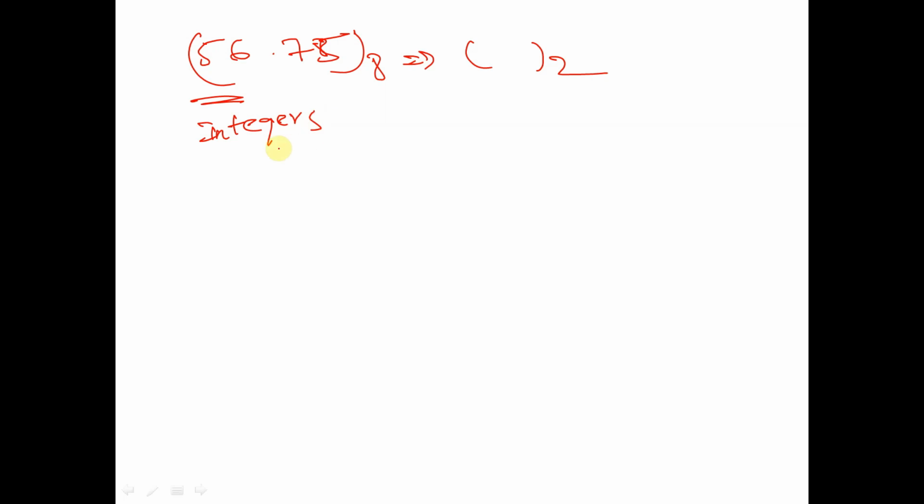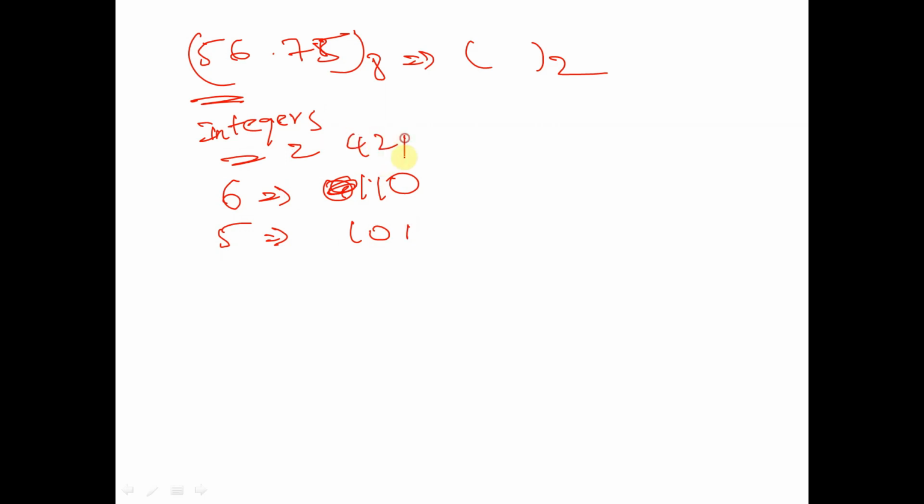So if we have an octal number, say 56.75 to the base 8, and we want to convert it into binary, then the same process applies for integers as well as fractionals. Here the equivalent of 6 is 110, and the equivalent of 5 is equal to 101.